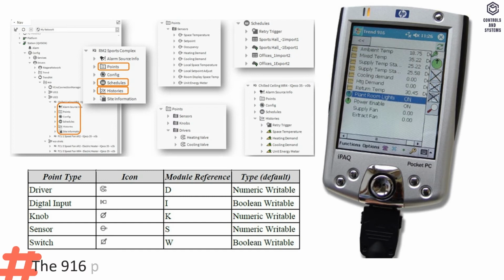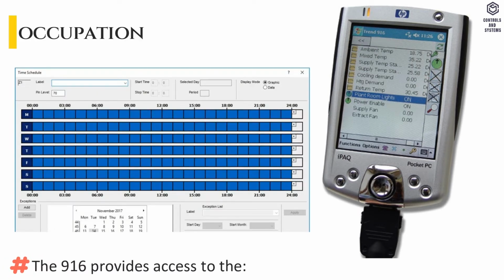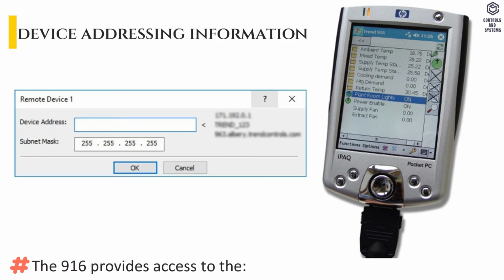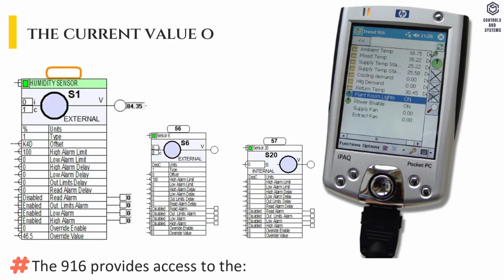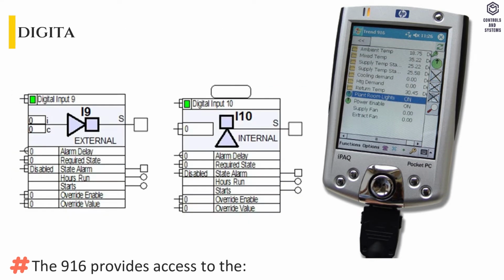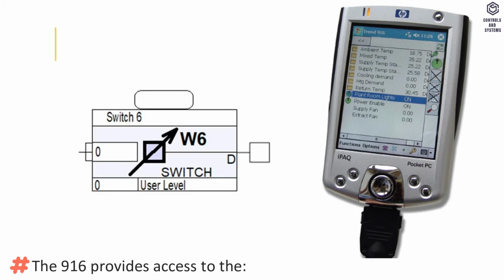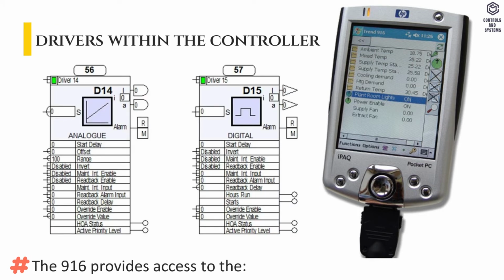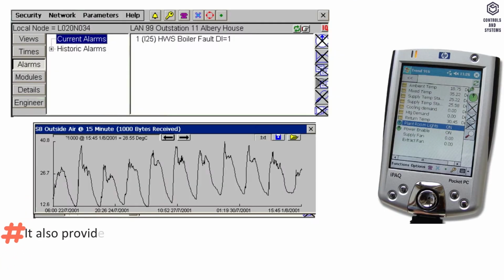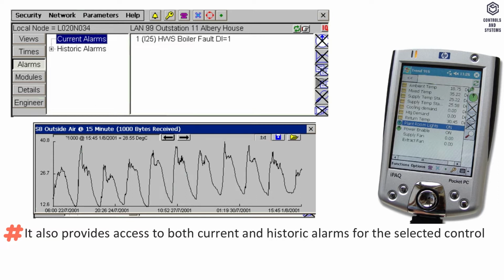Functionality. The 916 provides access to the occupation times, device addressing information, the current value of sensors, digital inputs, knobs, switches, and drivers within the controller. It also provides access to both current and historic alarms for the selected controller.